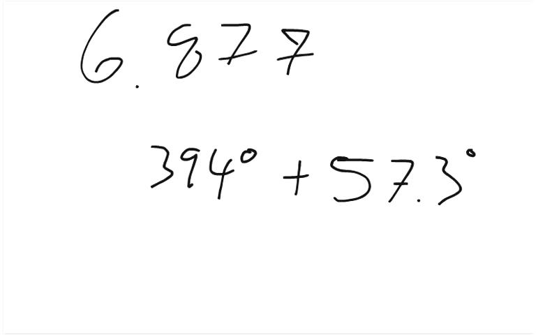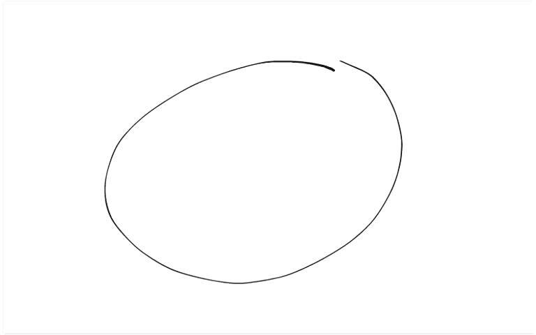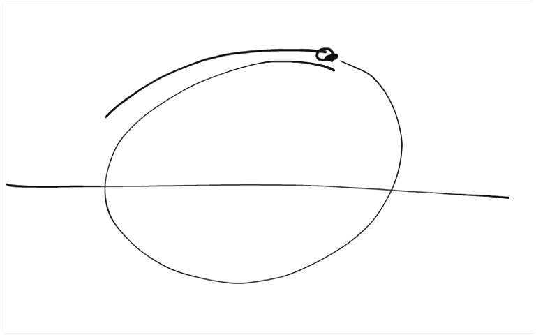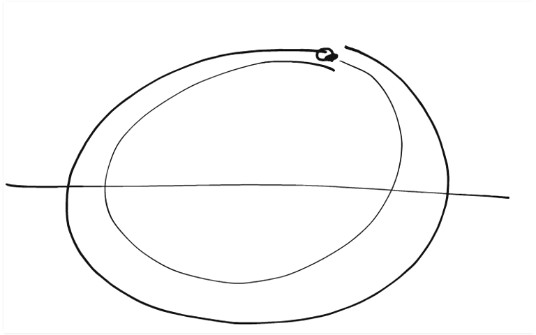But if you look at the problem, it says that it started out at 57.3 degrees, so you've got to add that in there. You get a total angle of 451.32 degrees. Now we want to put that with respect to the x-axis. Here is our circle and our x-axis, and here's where it started. It went around 394 degrees from there, so it is 451 degrees from the x-axis.